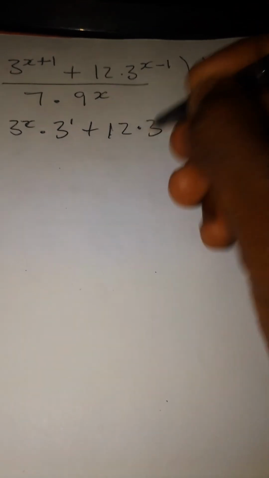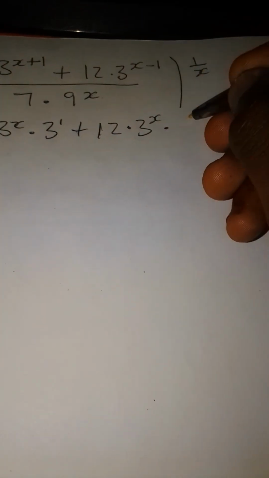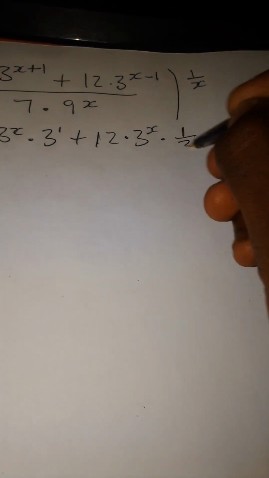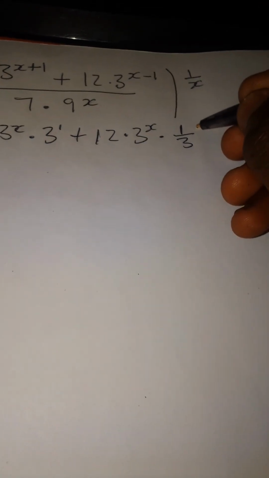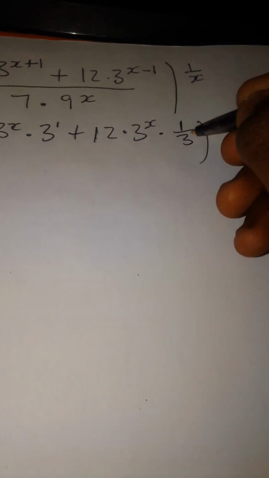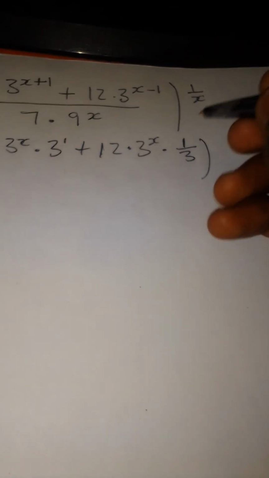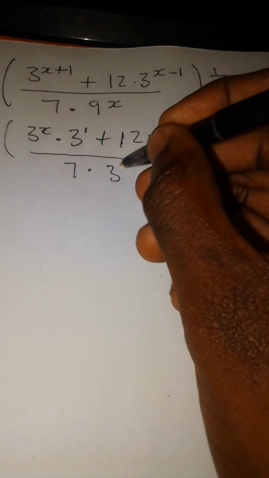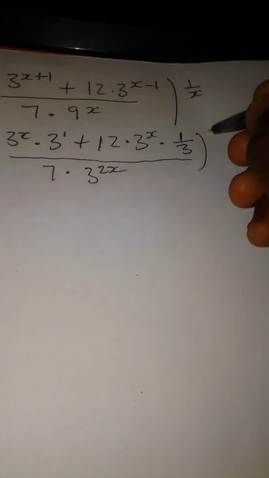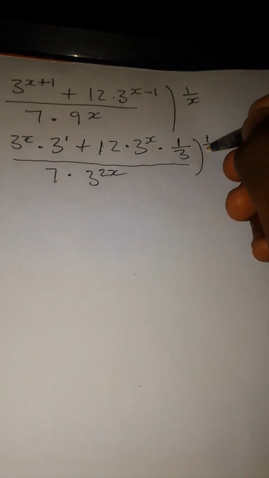And then plus 12, I'm going to expand that also: 3 to the power of x times 3 to the power of negative 1, which is the same as 1 over 3. All of that divided by 7, then 9 to the power of x is the same as 3 to the power of 2x. All of that has an exponent of what? 1 over x.